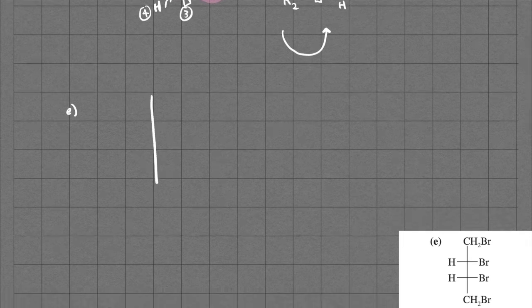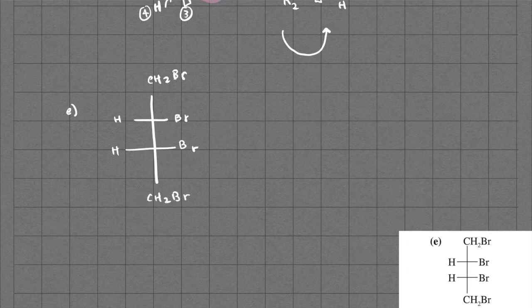This problem is also written in our Fischer projections, which will make it super simple for us. First, as always, let's try to find the stereocenters. I see 2, right over here and right over here.